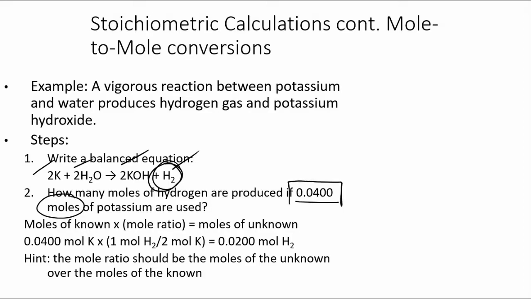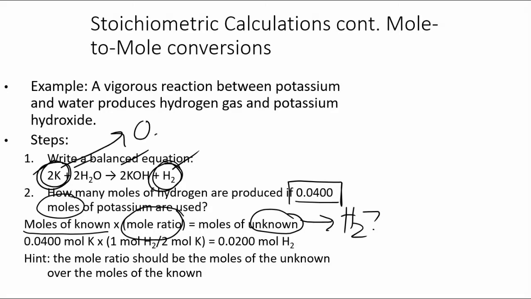Okay? So we have to know the moles of known times the mole ratio. So para malaman natin yung moles of unknown. Ang unknown natin dito ay si hydrogen gas. Yun ang hindi natin alam. Pero ang alam natin dito ay the number of moles of potassium. Alam natin yun, which is 0.0400. Okay? Ang alam natin ay moles of known.